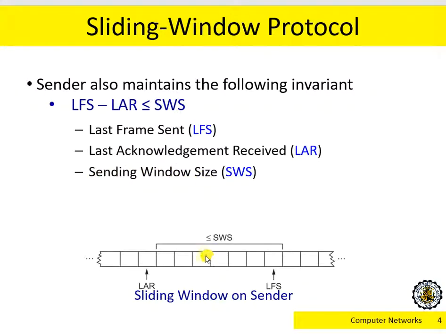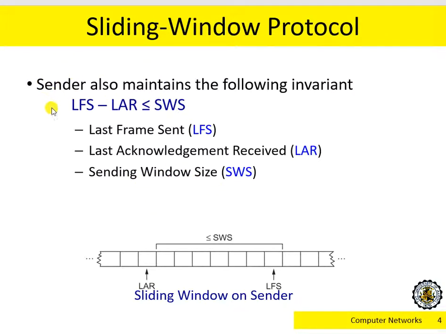Let me say one more time. The sequence index of the frame which you sent just before this moment, minus the sequence index of the frame with acknowledgement already, the result of this subtraction is supposed to be limited by the capacity of the window, which is called the sending window size.